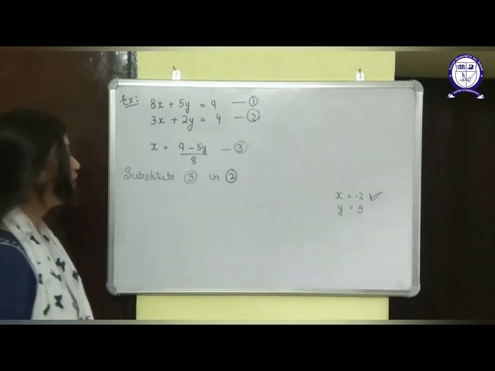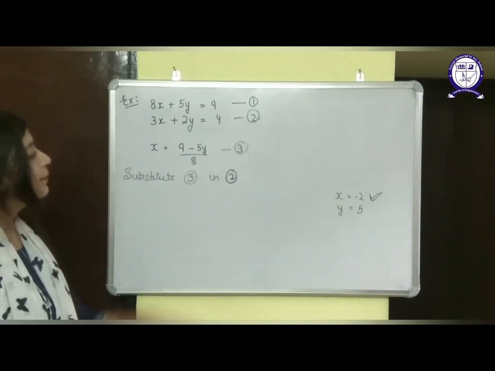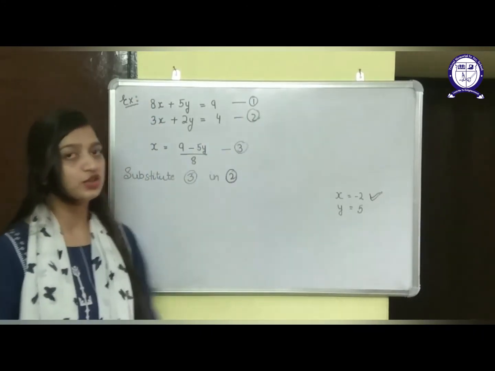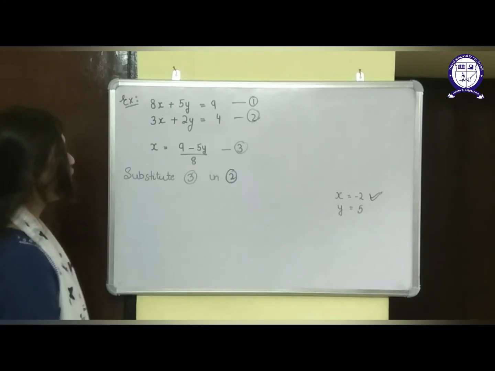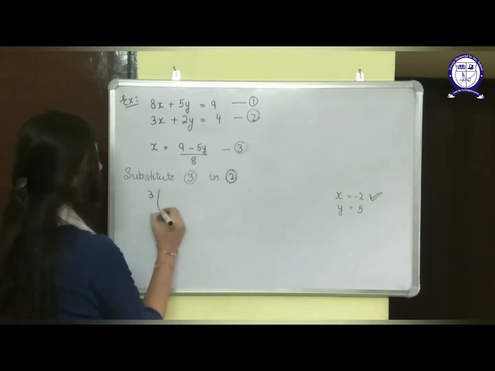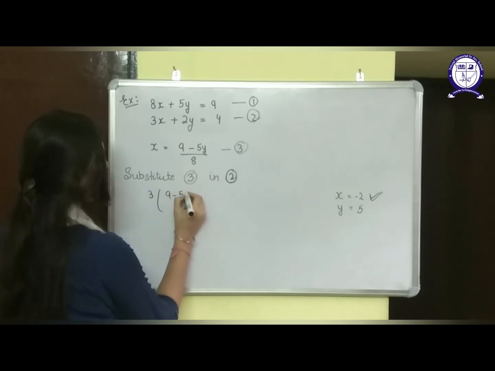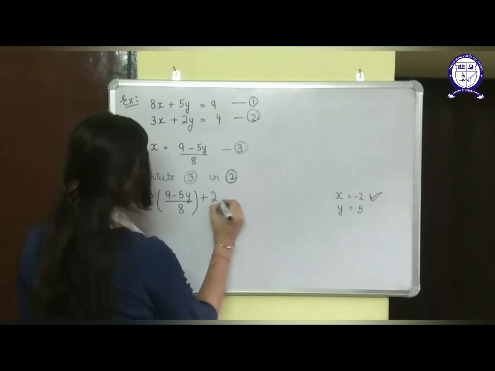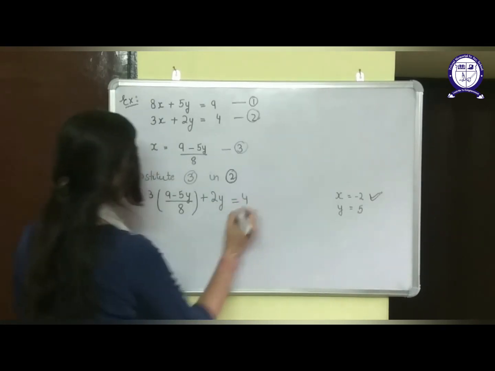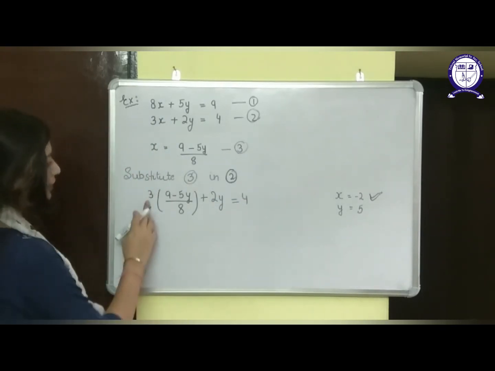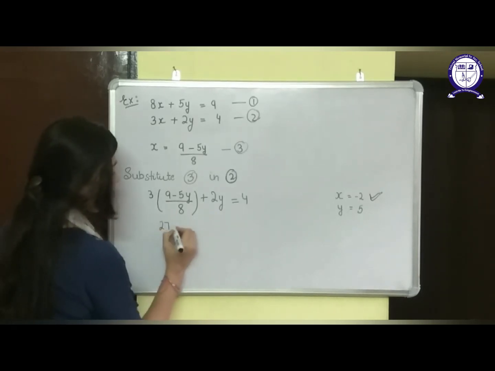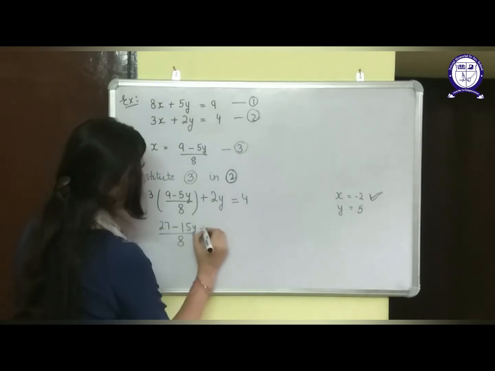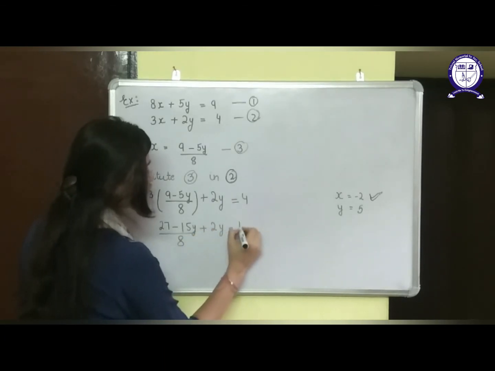I will substitute this value in equation 2, because it was derived from the first equation, so I cannot put it back into the first equation. So I will get 3 into 9 minus 5y upon 8 plus 2y equals 4. Now multiplying by 3, 27 minus 15y upon 8 plus 2y equals 4.